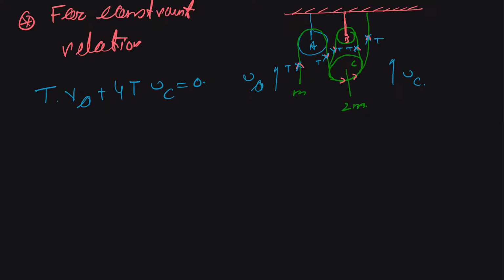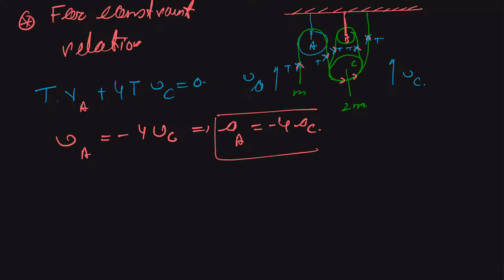Therefore, we can write that our V of A is equal to minus 4 V of C, or we can write our acceleration of A is equal to minus 4 times acceleration of C. Okay, so this is the constraint relationship between these tensions.